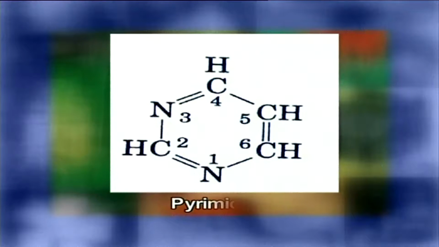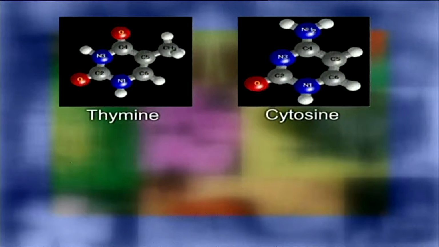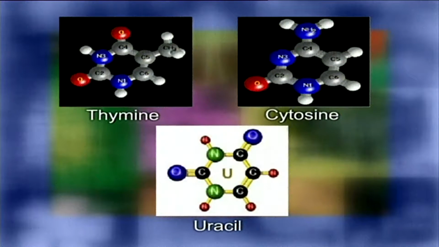The structure of pyrimidine reveals that it has a basic 6-member ring of benzene in which the carbon atoms at position 1 and 3 are replaced by nitrogen. Pyrimidines are of three types: 1, thymine, 2, cytosine, and 3, uracil. Thymine and cytosine are found in DNA, whereas cytosine and uracil are found in RNA.